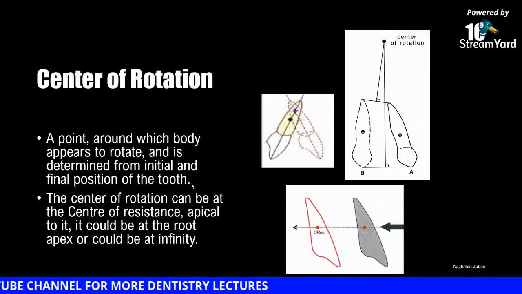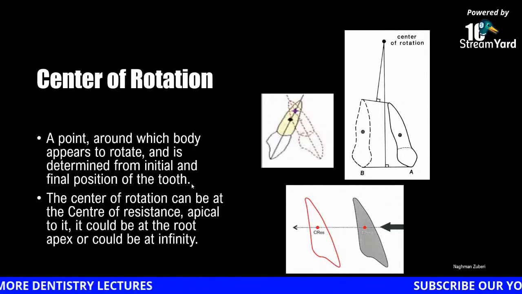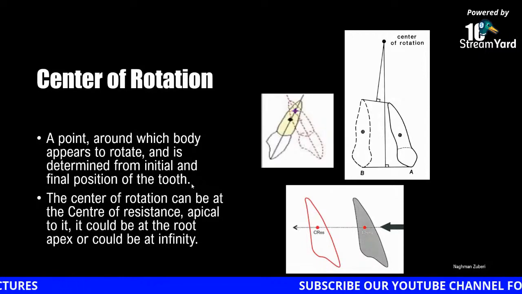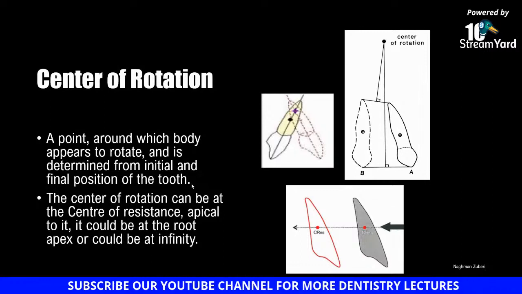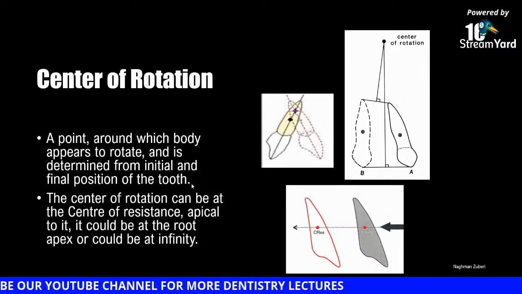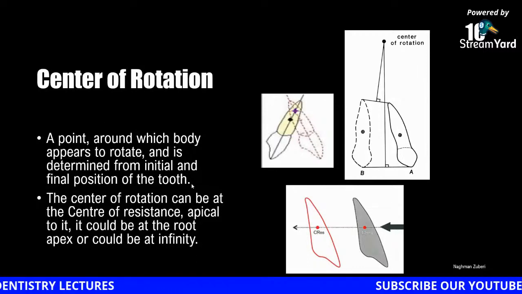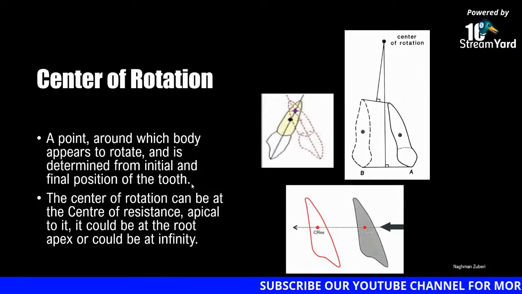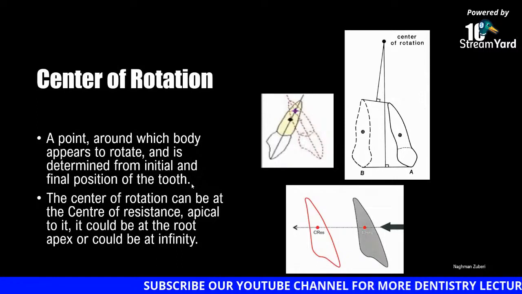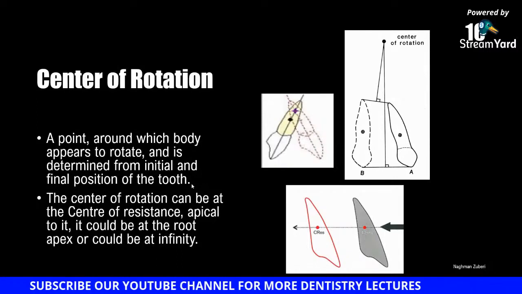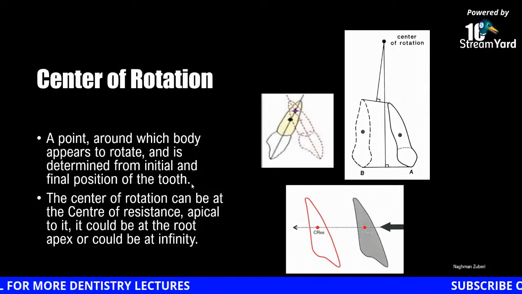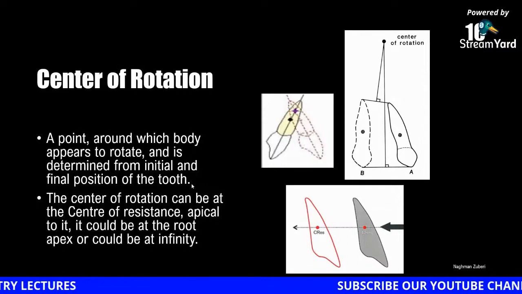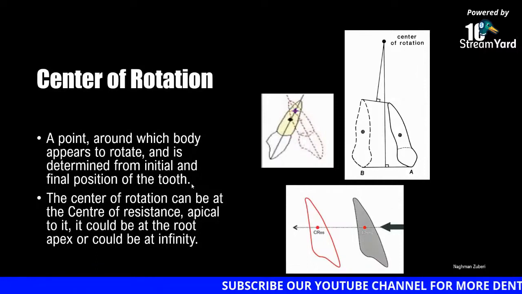But if you push it from 2 points without changing its orientation, it will just start drifting without changing its relative position. In terms of the x-axis and y-axis, it will just drift. So basically, you are applying a force in such a way that the resultant force, or the resultant vector, is passing through the center of resistance.